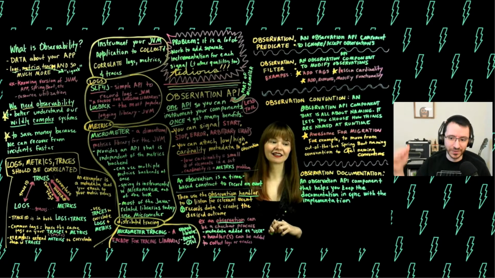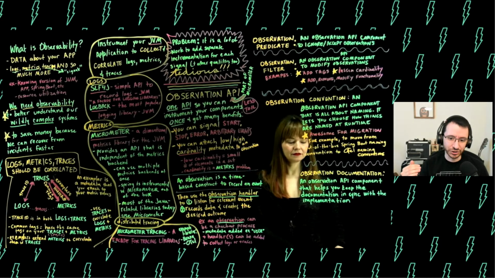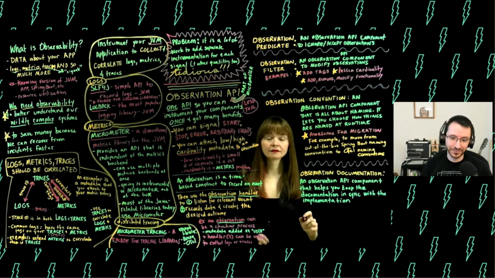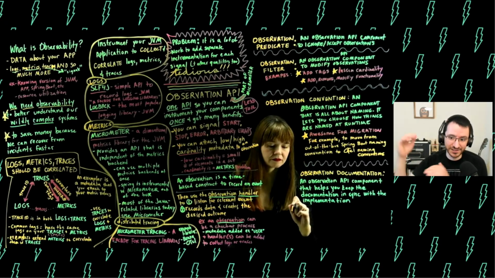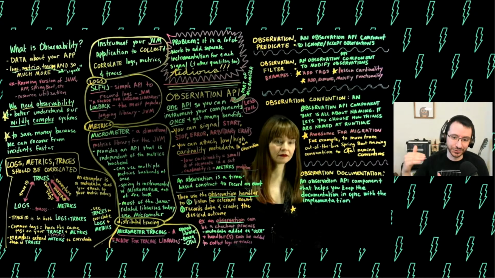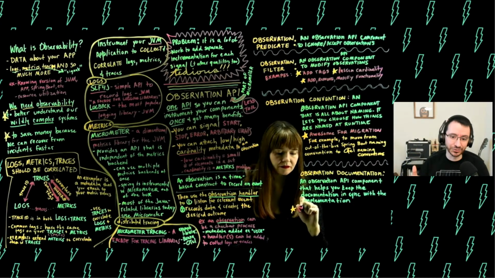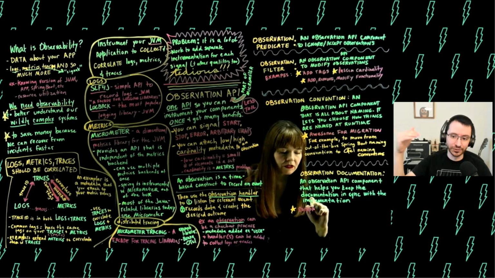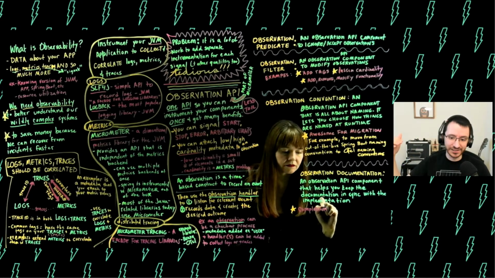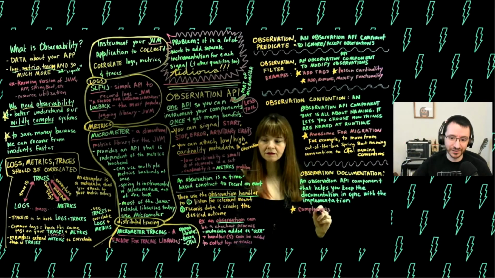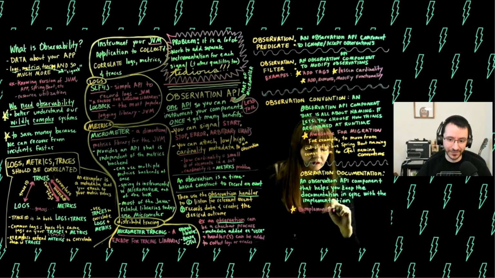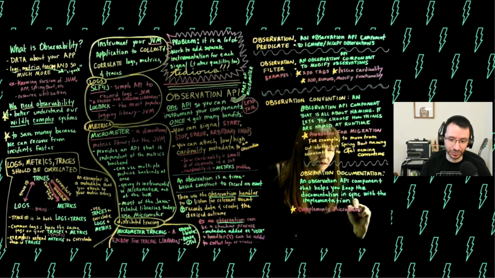It can scan these observation documentations and generate real text documentation about your instrumentation. It can tell you that you have instrumentation for this HTTP client. This will be the name of the metric. This will be the name of the span. And these are the tags, or the metadata, that you have next to it.